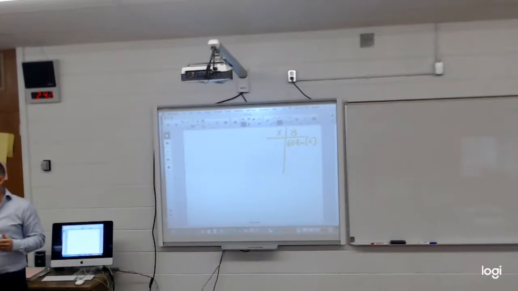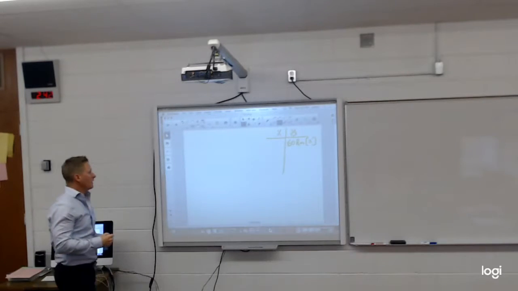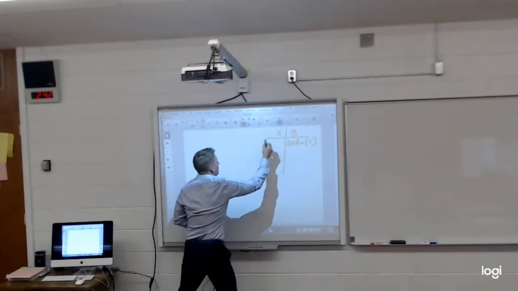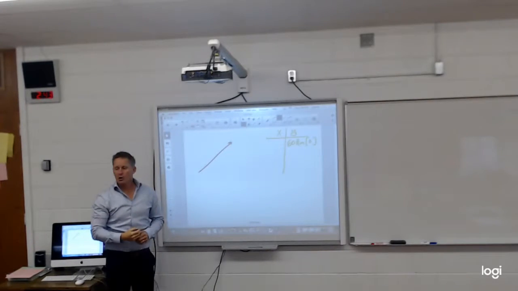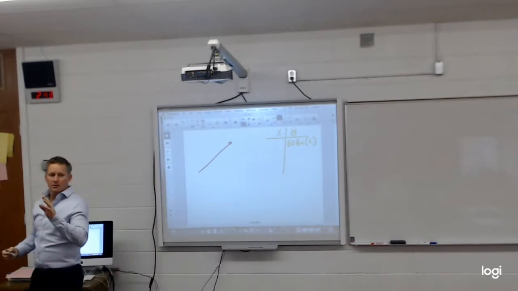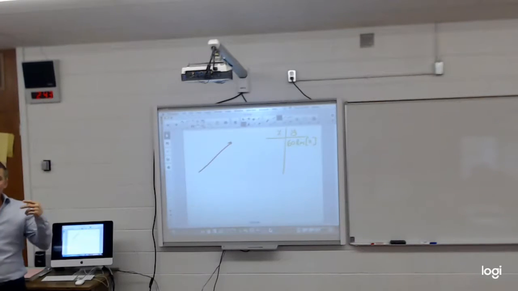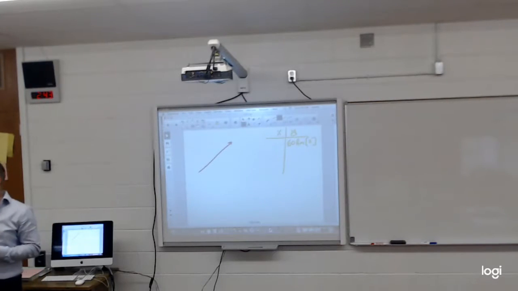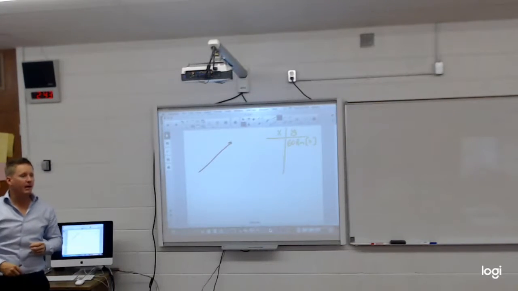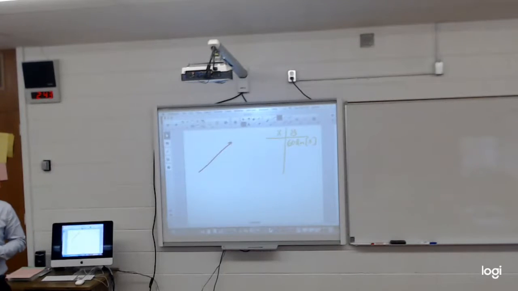Now, the northeast one. The northeast looks like this, right? So there's two components to it. I haven't talked about that. Vectors can have one component or two components. If they're not on your north, east, south, or west, they will always have two components to them.